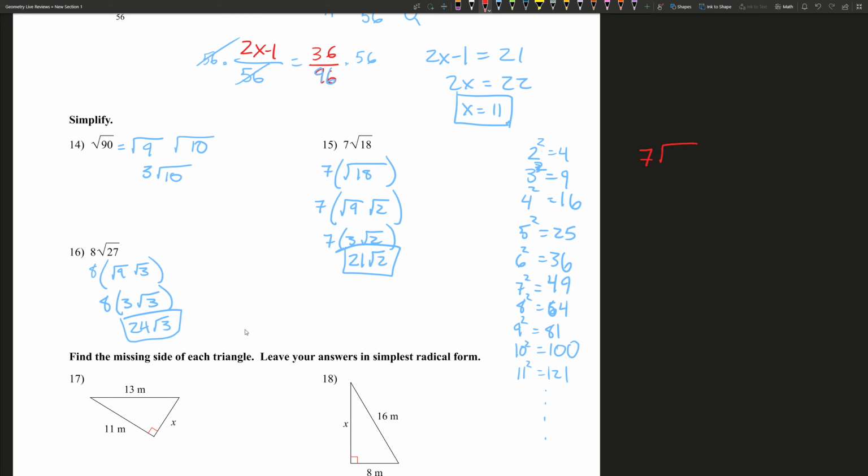So if instead we do this, then there's no perfect square here, but we know we can simplify. We can rewrite square root of 6 as the square root of 3 times the square root of 2, and then the square root of 3 comes back down.